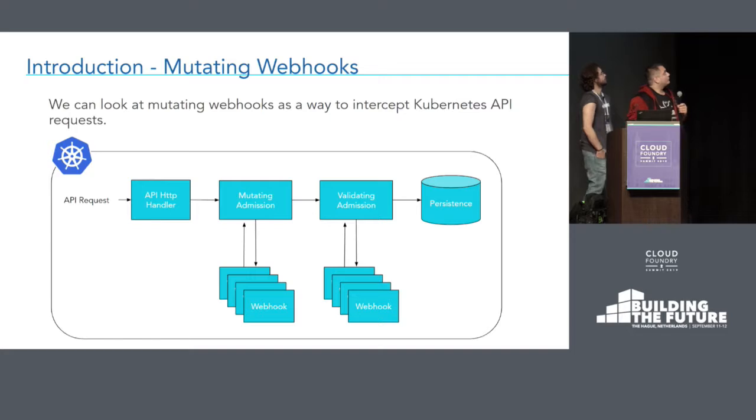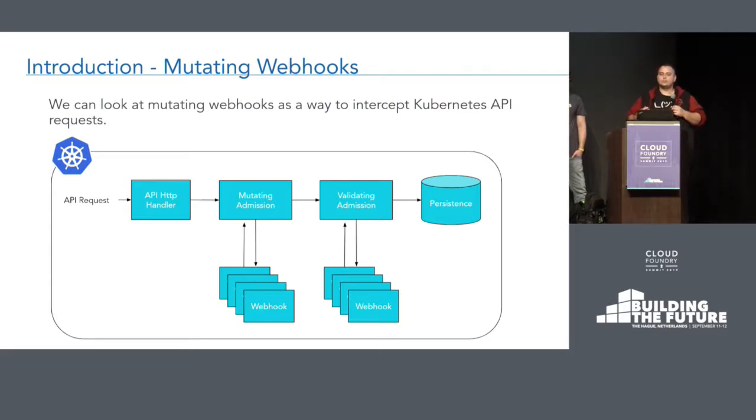Okay, so first, Kubernetes Webhooks. Kubernetes has a mechanism that allows you to intercept API calls. There are two types of interceptions that you can make. One is to mutate, and one is to validate. In our particular use case, we only use the mutating webhooks.